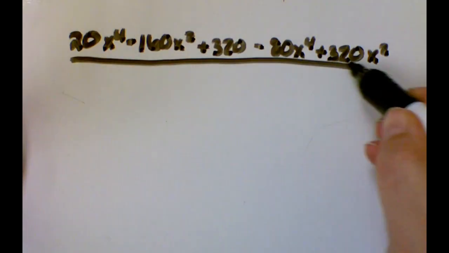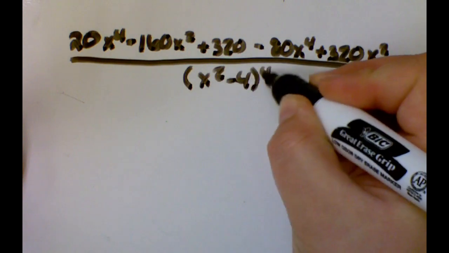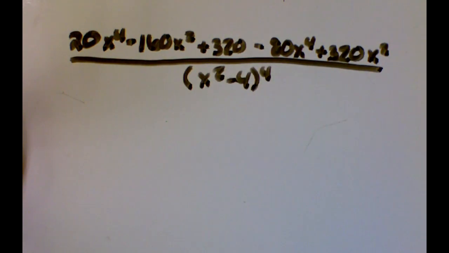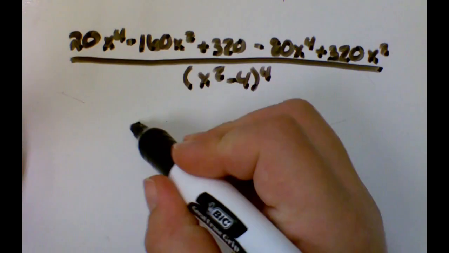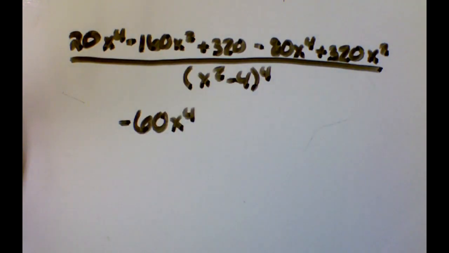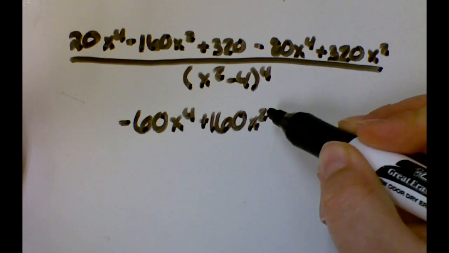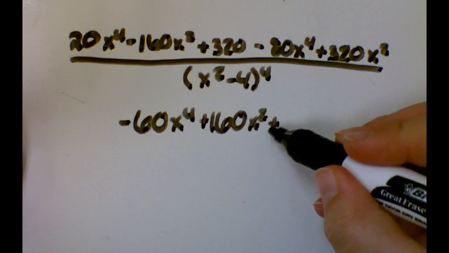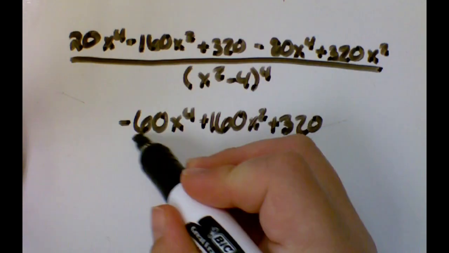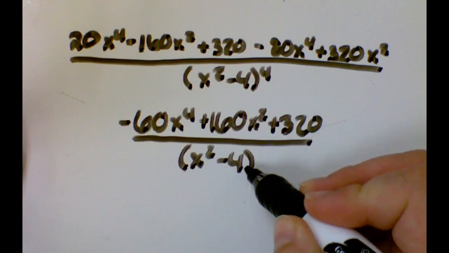I'm going to leave my denominator in its factored form, x squared minus 4 to the fourth power. When I combine my like terms, I get negative 60x to the fourth power plus 160x squared, and plus 320, all over x squared minus 4 to the fourth power.